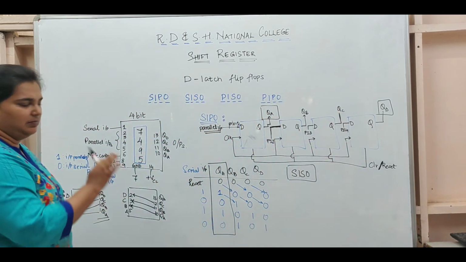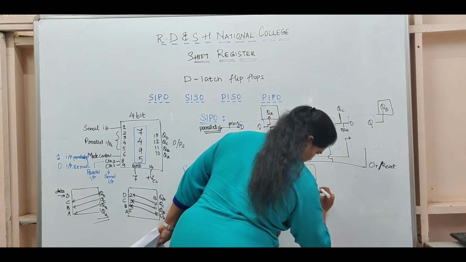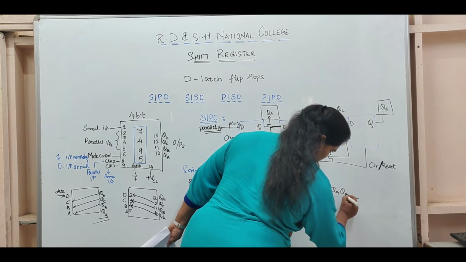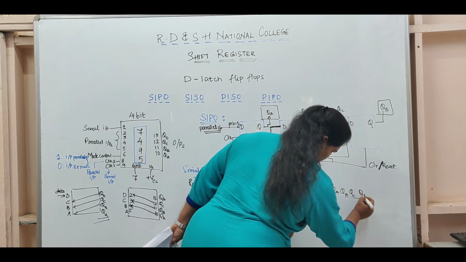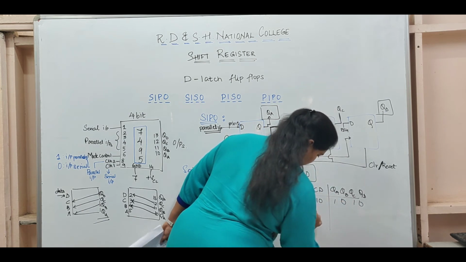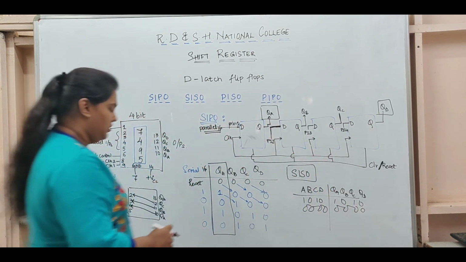And you will get your table as it is. So whatever we gave to A, B, C, D, that value will appear exactly on QA, QB, QC and QD. So if you give 1 0 1 0, you will get 1 0 1 0. If you give 0 0 0 0, you will get 0 0 0 0 and so on.